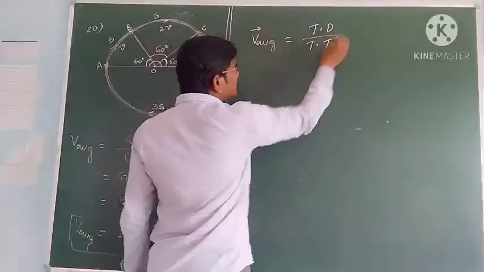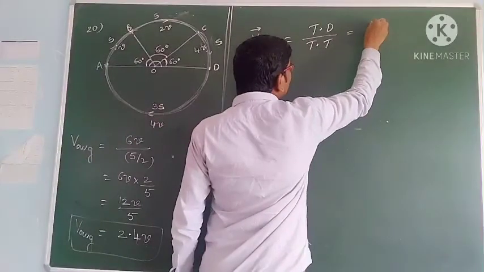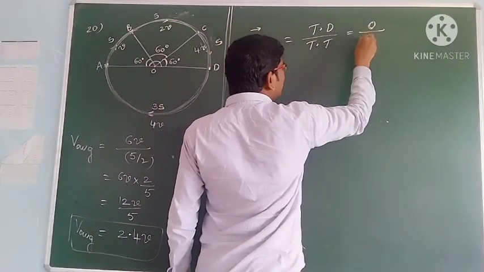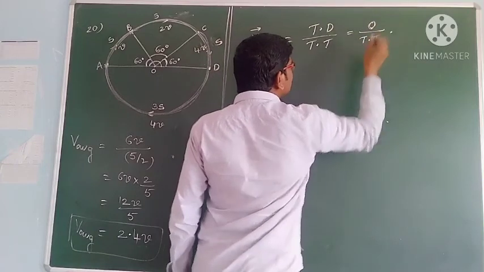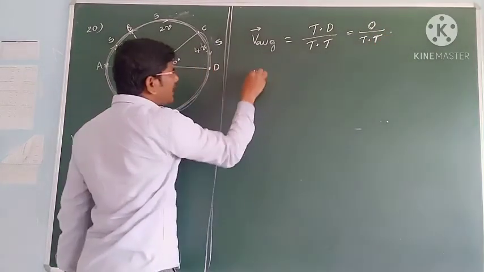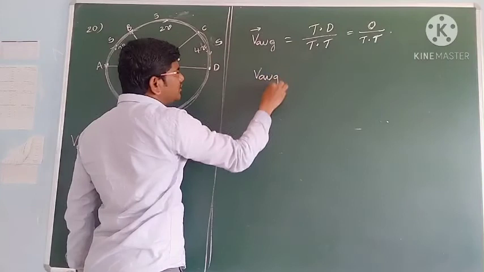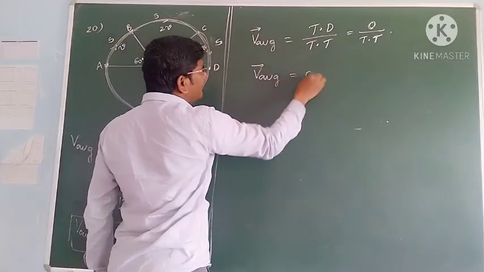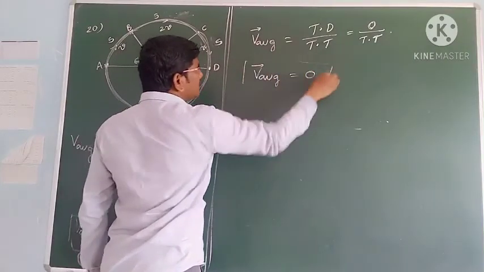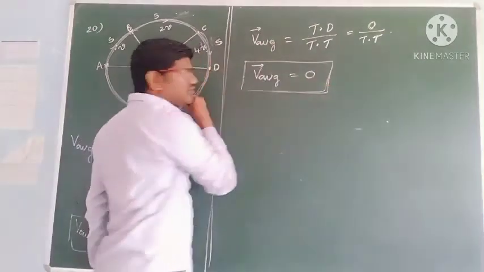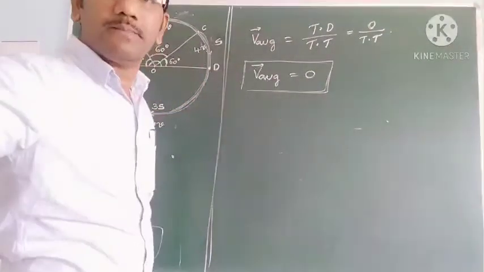So 0 by total time. 0 by anything is 0, so average velocity will be 0 for this problem.